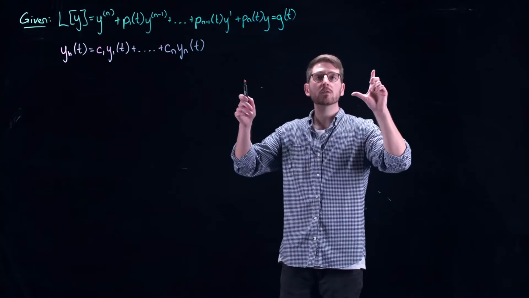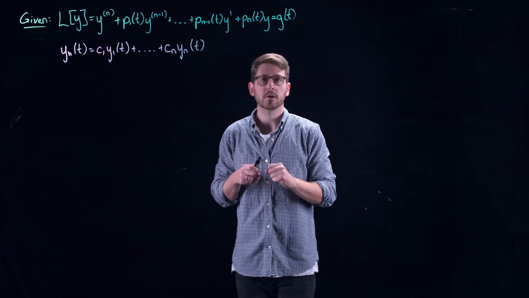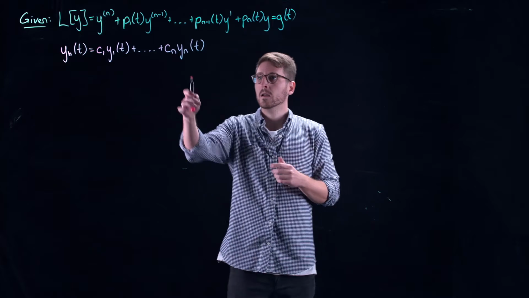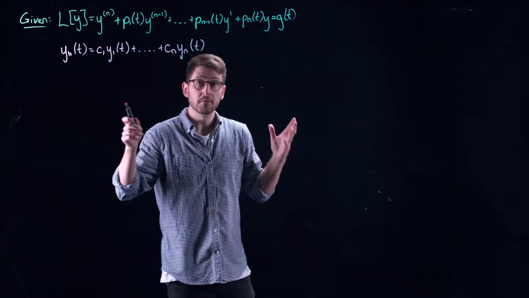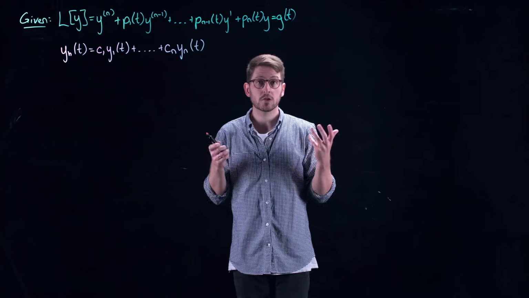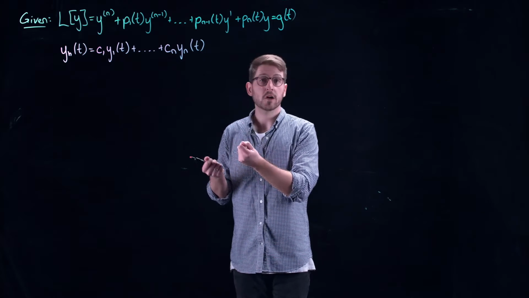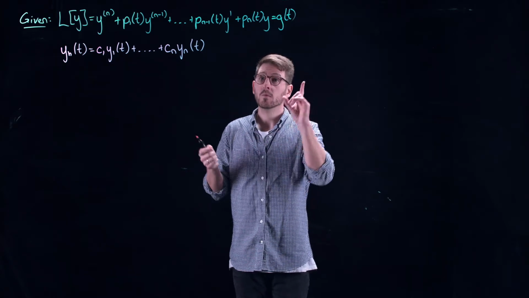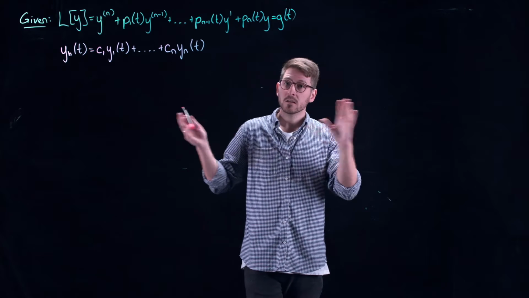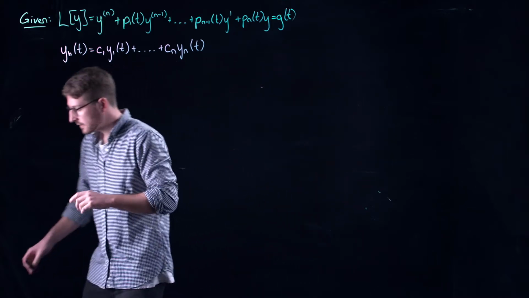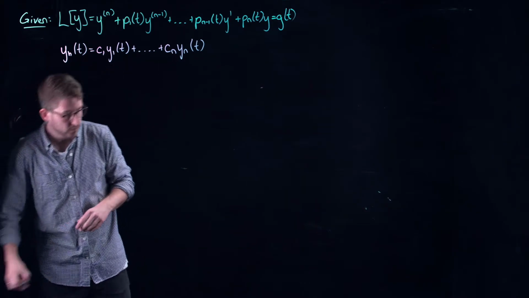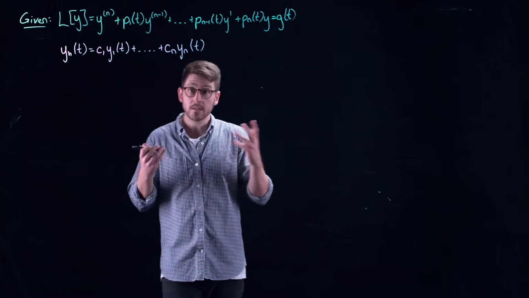And now if you think back to what we did with variation of parameters for second order equations, we let the c's basically vary with respect to the independent variable, in our case, t. We're going to do exactly the same thing, right? So you could probably guess a lot of the content of this lecture just based on what we did for second order equations.